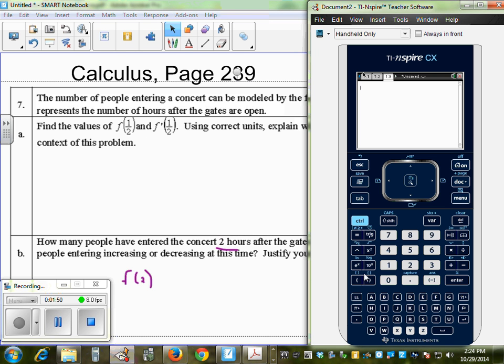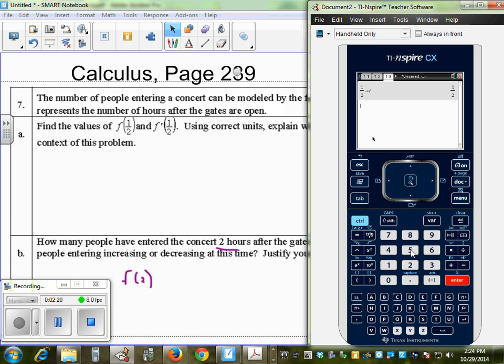Okay, first of all, I'm going to take a half. Notice store is written in blue right above VAR. I'm going to type that and I get a little arrow. And this is just saying let 1/2 equal t.